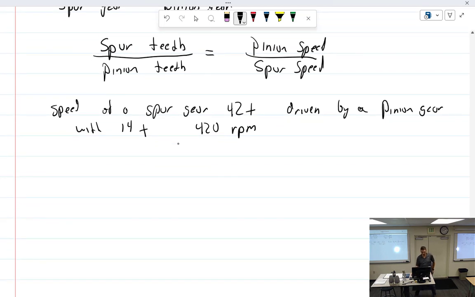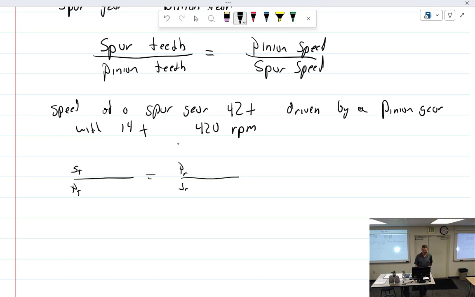It doesn't matter who's driving. We'll set it up like this. Do spur, pinion, pinion, spur. It's easy to get them mixed up. So what do I have? We could even do spur teeth, pinion teeth, spur RPM, and pinion RPM.